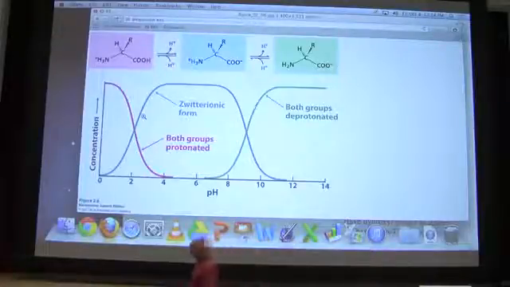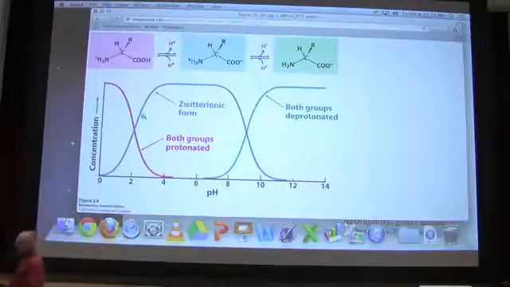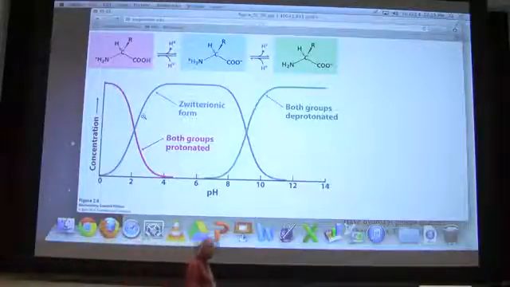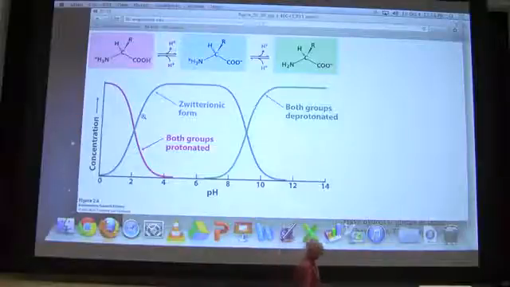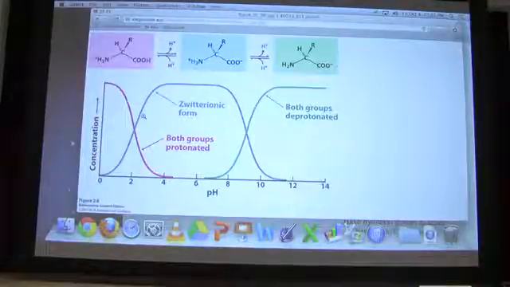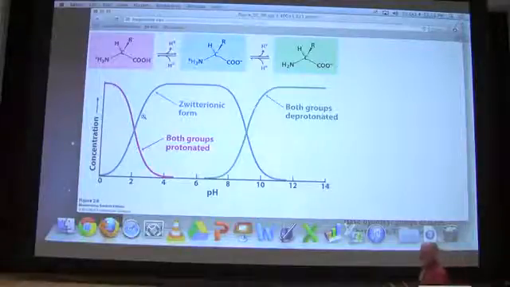This shows the ionization of a simple amino acid. A simple amino acid has two groups that can ionize, an alpha carboxyl and an alpha amine. Now, from your organic chemistry, you should remember the following. And yes, you will need to remember the following. Amines can have a charge of +1 if they have an extra proton, in which case they're an acid. Or they can have a charge of 0 if they've lost that proton, in which case they're a salt.